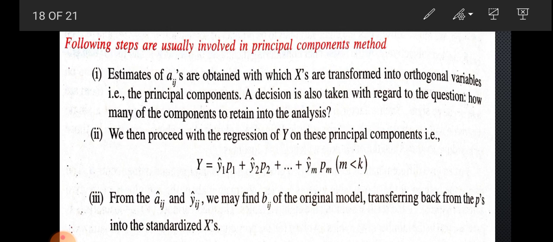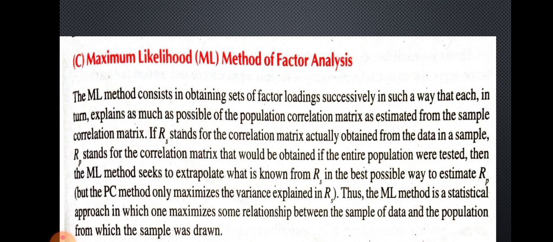The third method for factor analysis is the maximum likelihood, ML, method of factor analysis. The ML method consists in obtaining sets of factor loadings successively in such a way that each in turn explains as much as possible of the population correlation matrix as estimated from the sample correlation matrix.